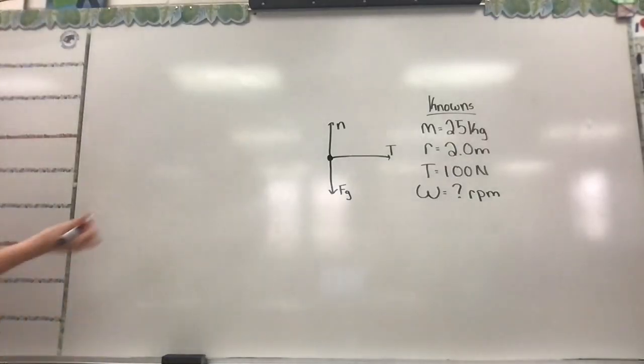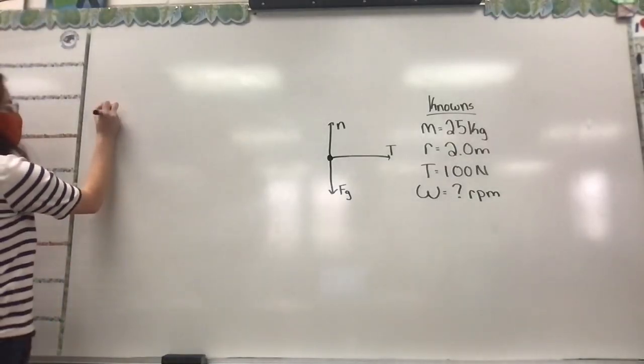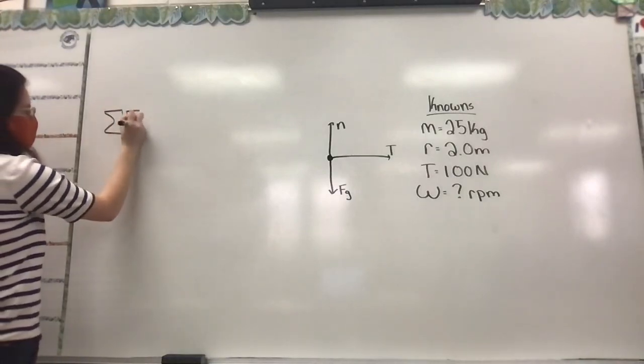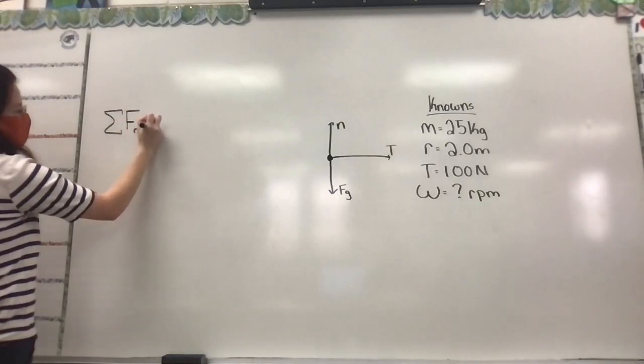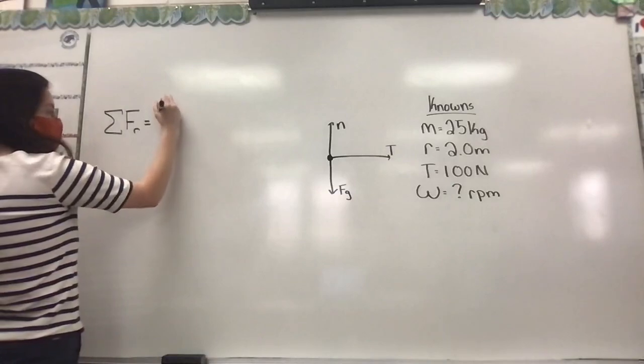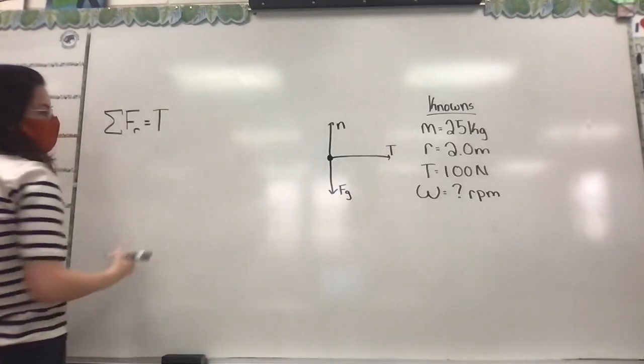All right. Let's start by summing our forces in the R direction. Okay. What forces do we have in the R direction? In the R plane? Tension. Is there anything else? Acceleration.